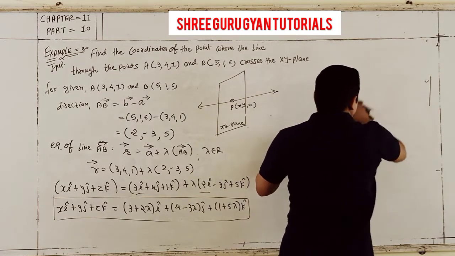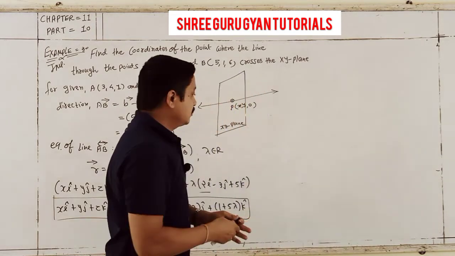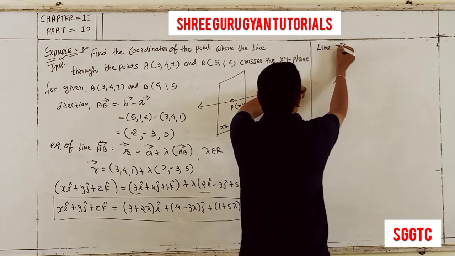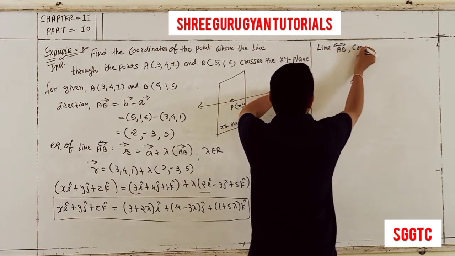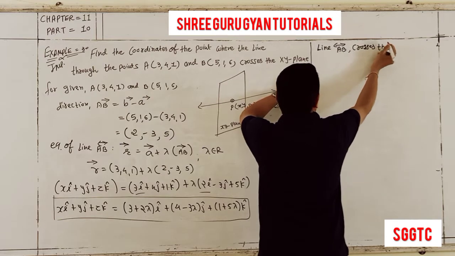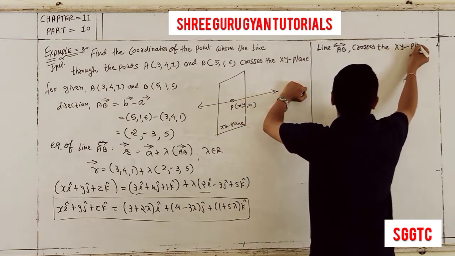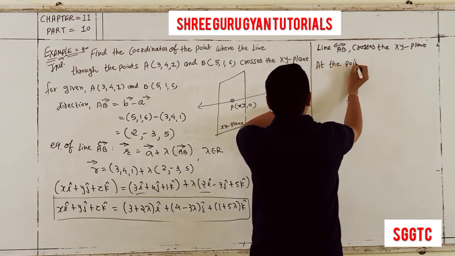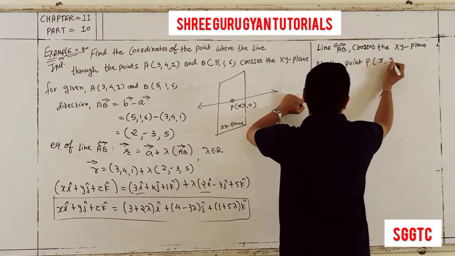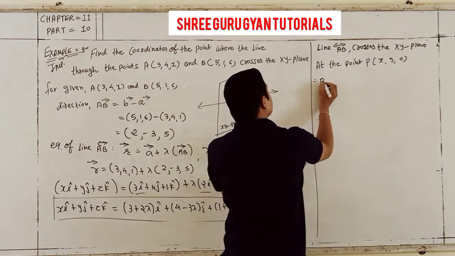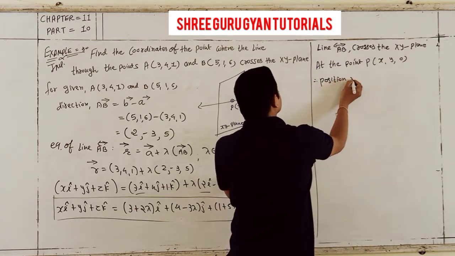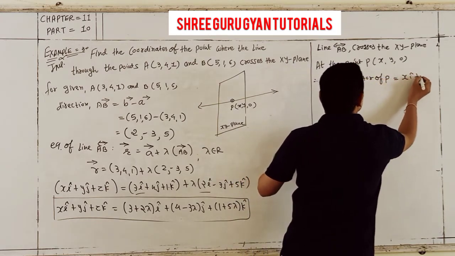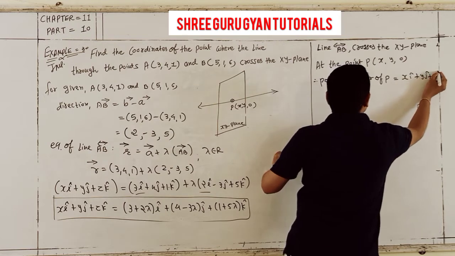So I write down one little statement. Line AB crosses the XY plane at the point, very easy, x, y, 0. That's why the position vector of P is xi plus yj plus 0k.